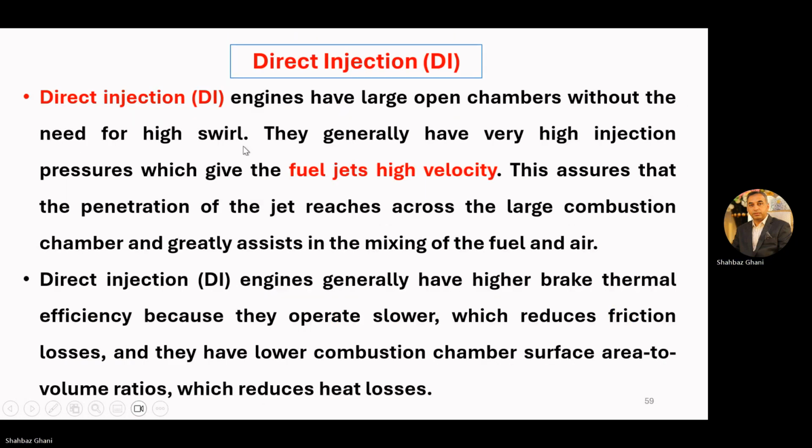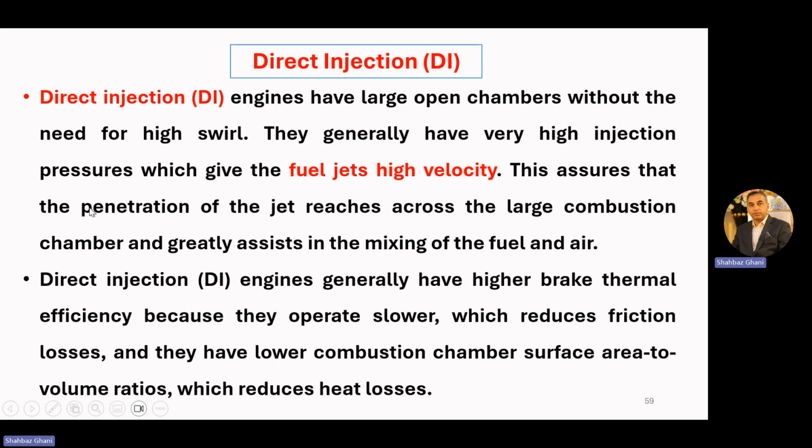Now, types of injection. We have two types of injection, direct injection and indirect injection. First is direct injection. In direct injection, engines have large open chambers without the need for high swirl. They generally have very high injection pressure, which gives the fuel jets high velocity.